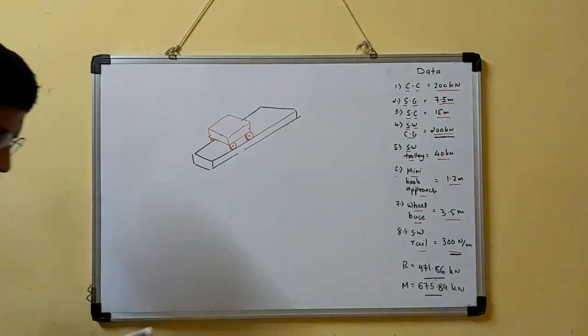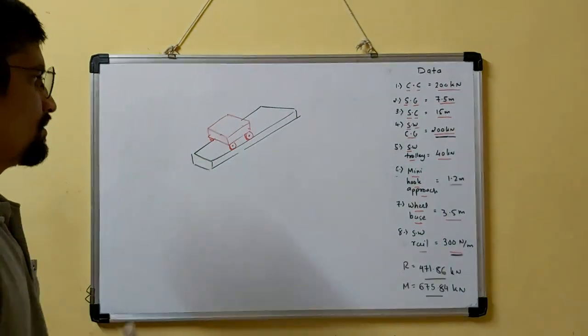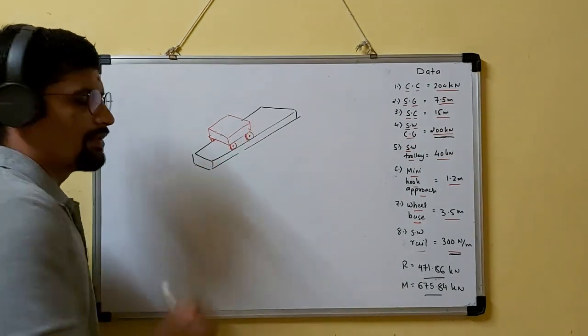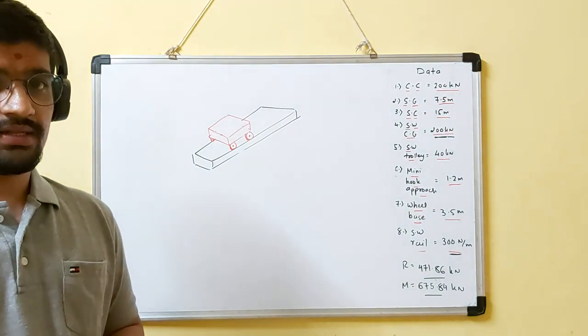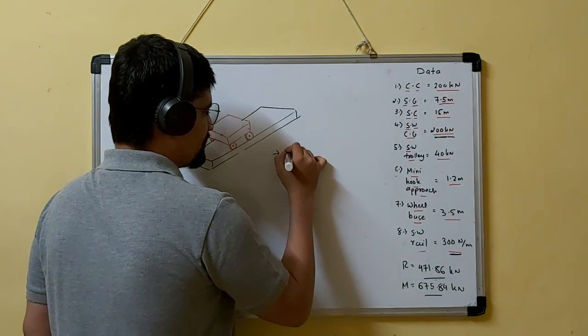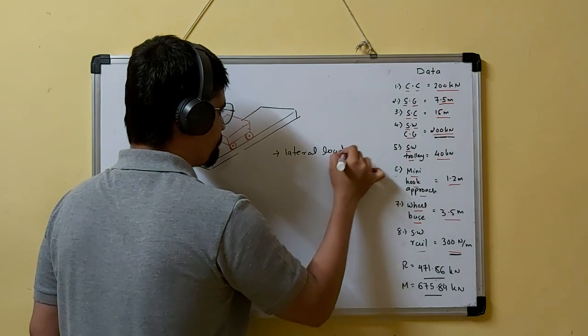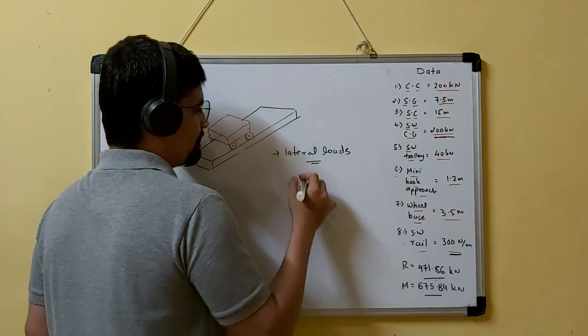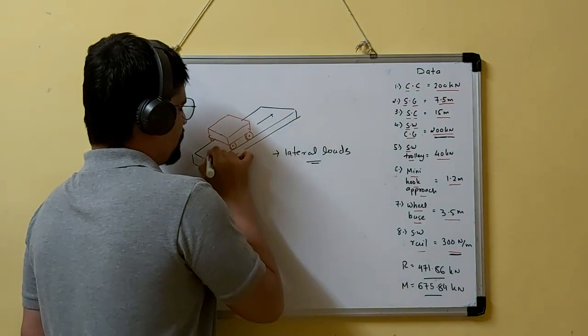Now we need to understand how the surge load occurs. The surge load occurs due to starting and stopping of the trolley. Which loads will we take in the calculation for the load on the wheel? Heading, lateral load. Lateral load means it is due to movement of the trolley.